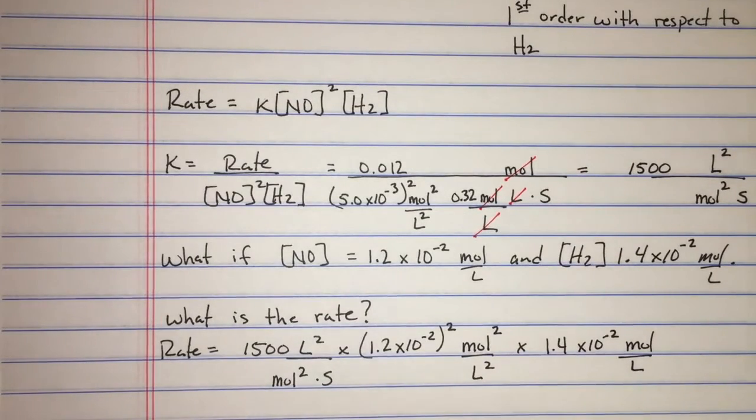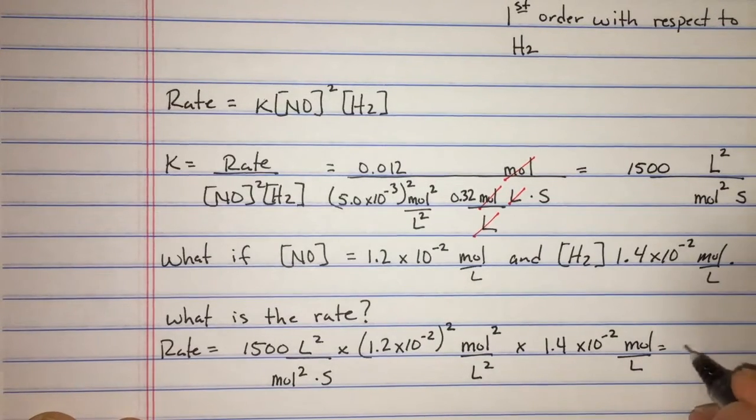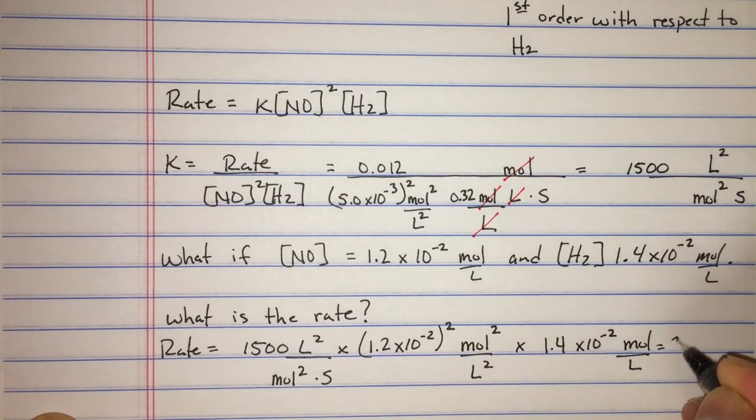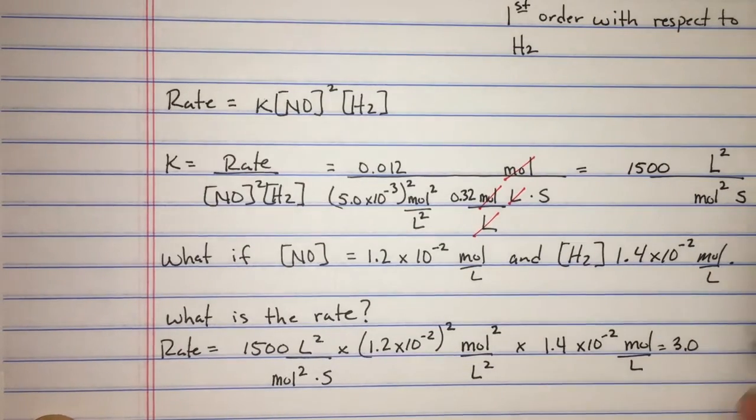So I'm going to get up and get my calculator. And so the answer I get here, 3.0 10 to the minus 3.